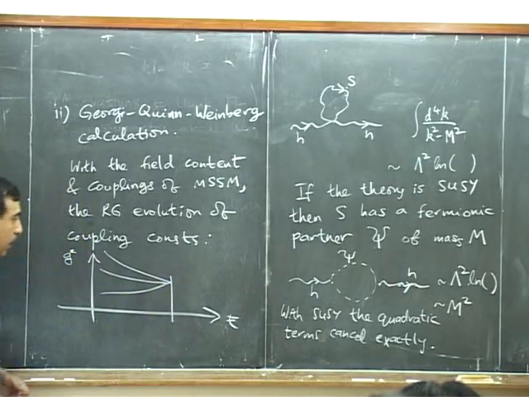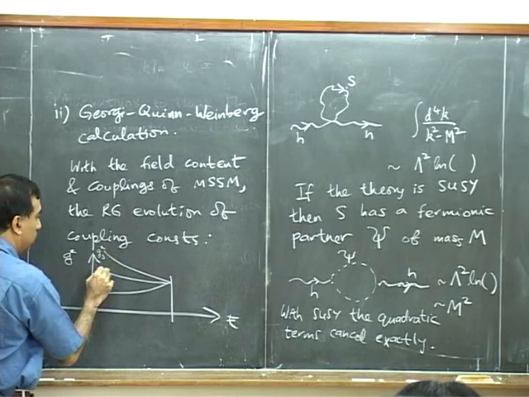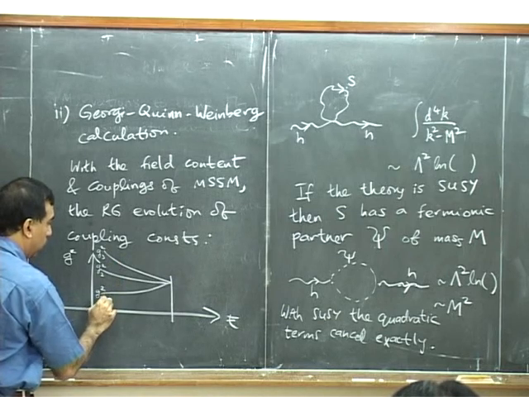This is some energy scale that could be around 10 to the 17 GeV. The point here is that this is g_3 squared, this is g_2 squared, and this is g_Y squared.